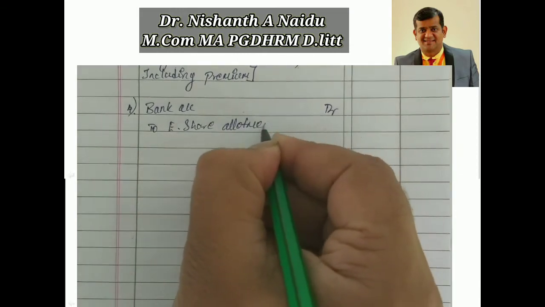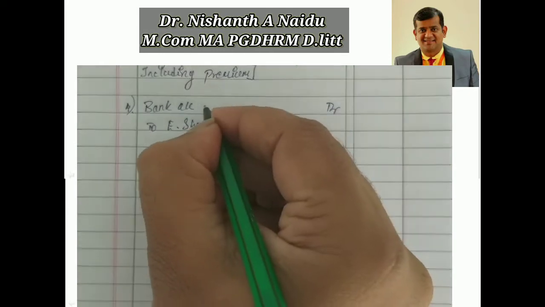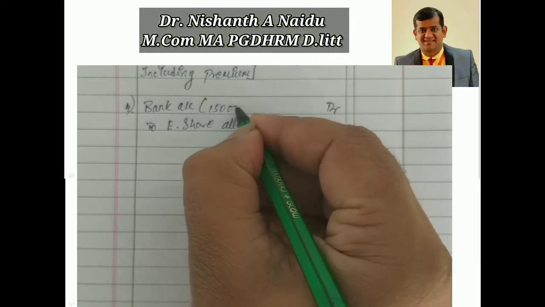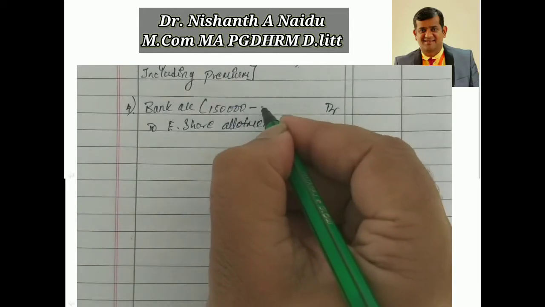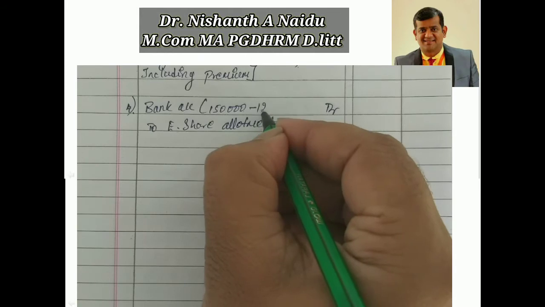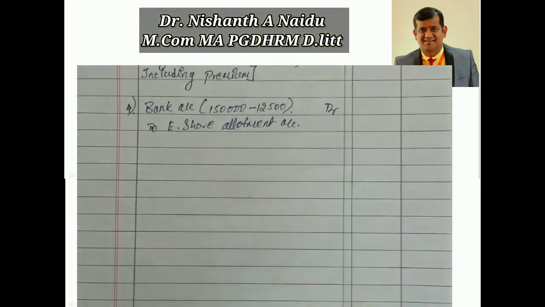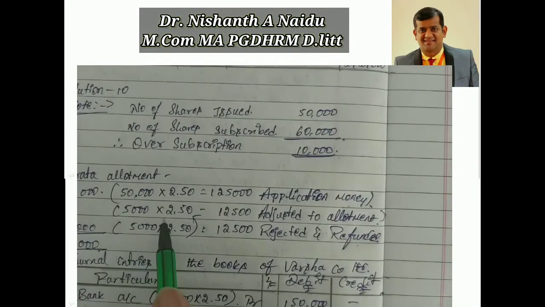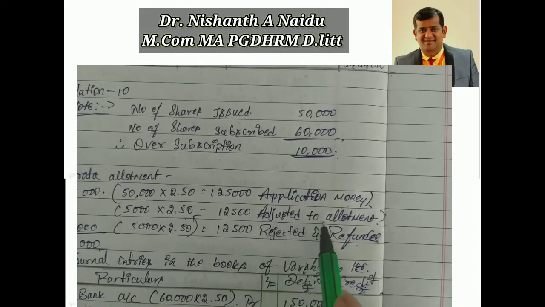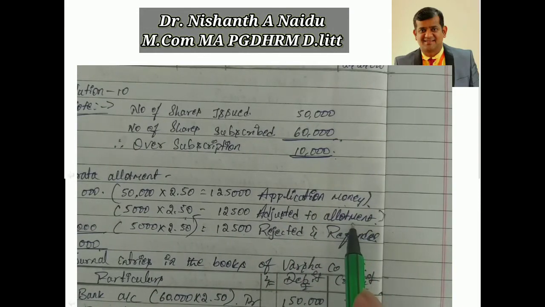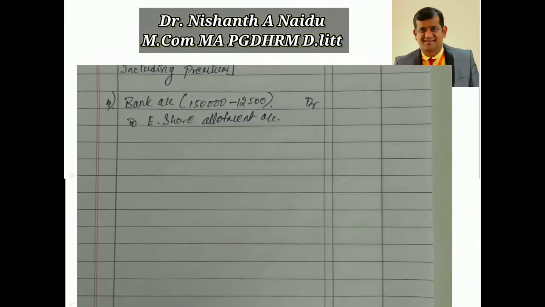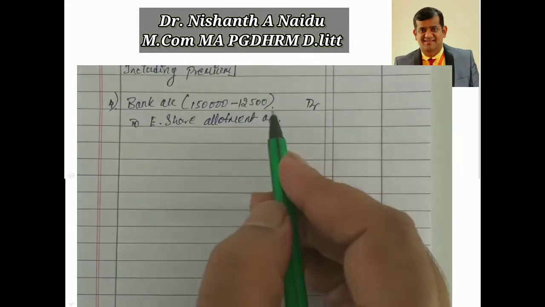See, including premium I am supposed to receive how much? 1,50,000, that is 50,000 into 3. Out of that I have already received how much? 12,500. Look at that prorata allotment working note. What does that second line say? 50,000 into 2.5, 12,500 adjusted towards allotment. Got it? So that 12,500 which I have already received should be deducted.